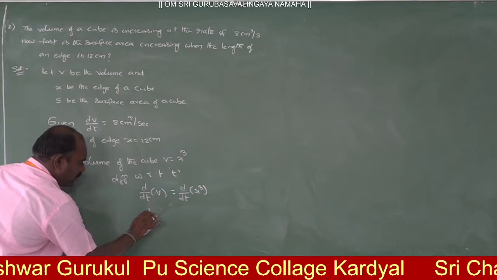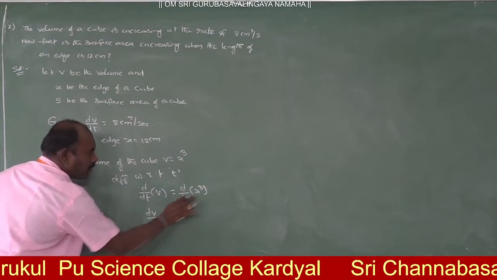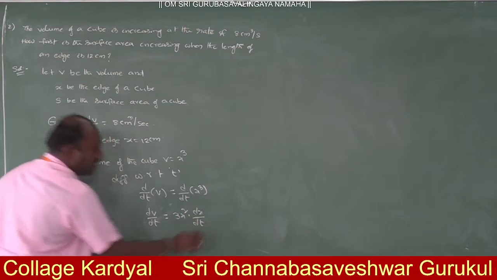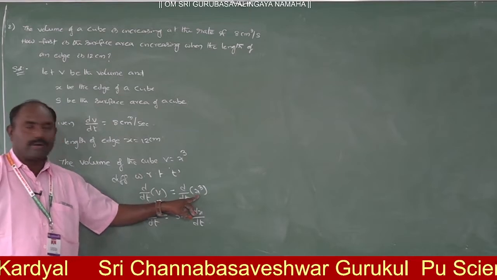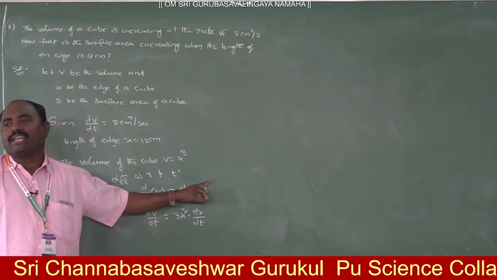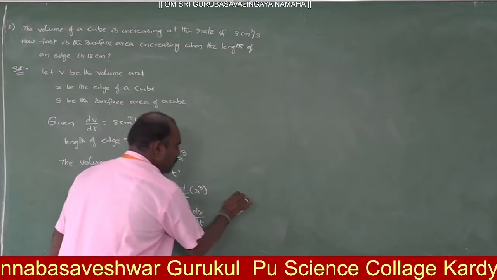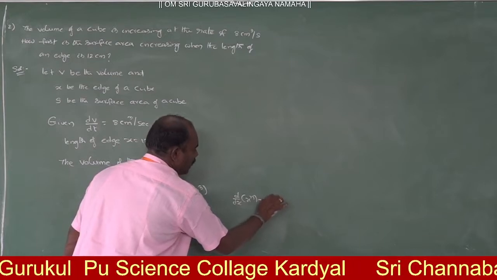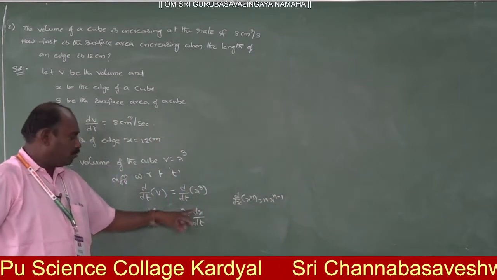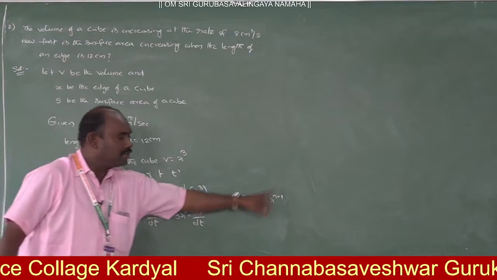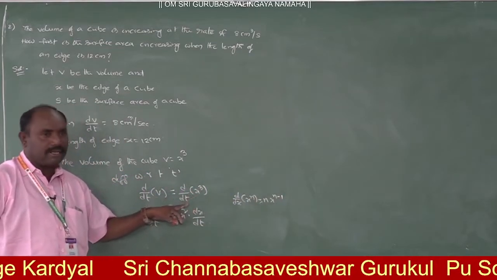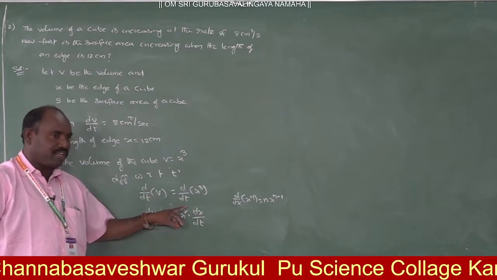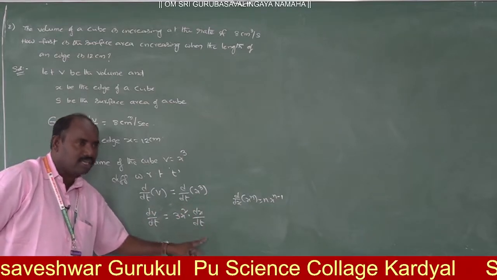So the value of dV by dt equal to 3x square into dx by dt. For x cube, the formula is d by dx of x to the power of n equal to n into x to the power of n minus 1. Both are x, so n into x to the power of n minus 1. Here it is x, here t, with respect to t. So the formula gives 3 into x to the power of 3 minus 1 into dx by dt.